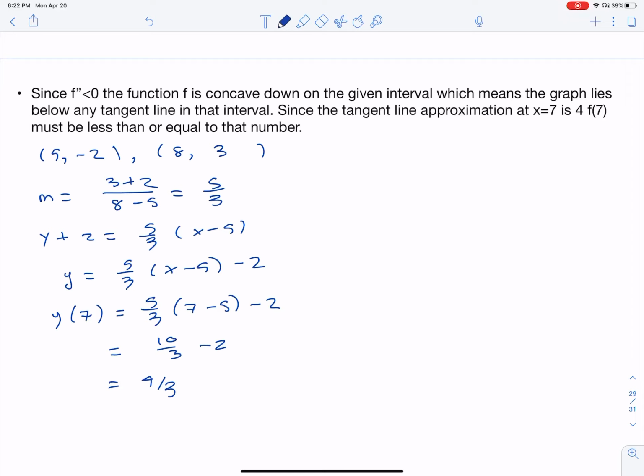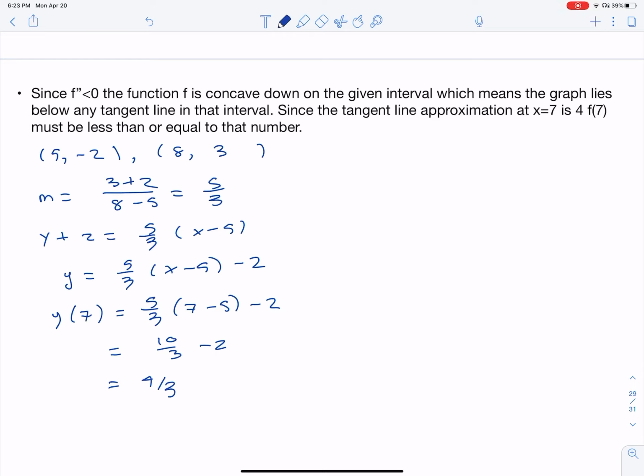So the line we created at 7 is 4/3. Now we have to determine, is it above or below? Let's think about this for a second.